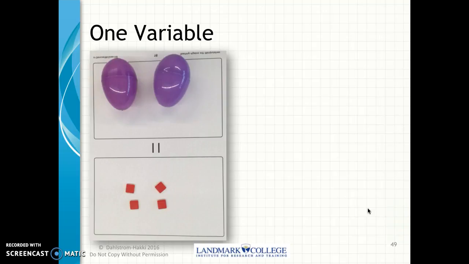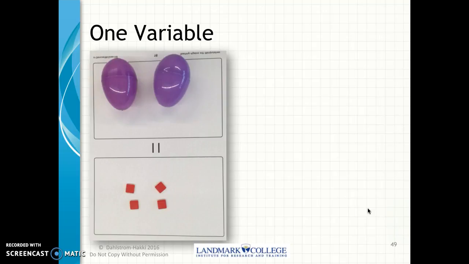So here, I'm going to use a representation of a variable. I'm not going to rely on heavy abstraction. So what I'm going to do is keep a one-to-one correspondence between the elements I'm using as manipulatives and what I'm representing.